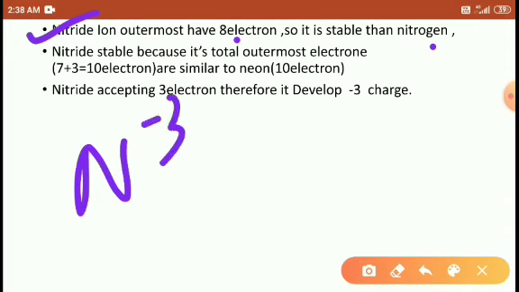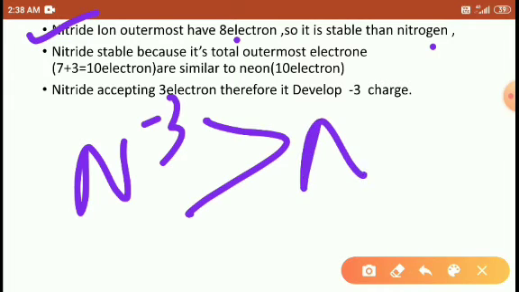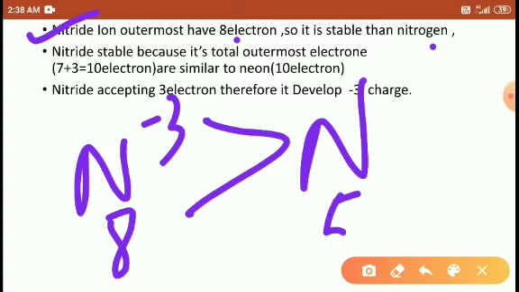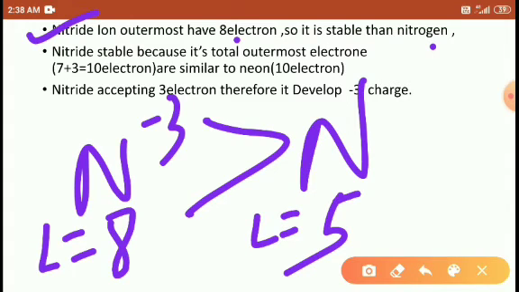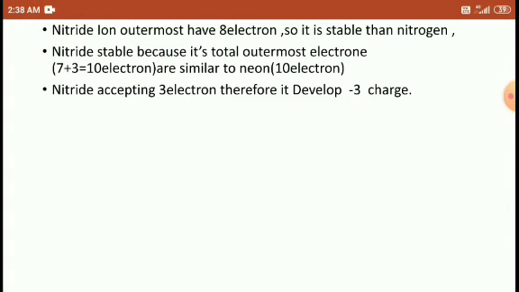Nitride, -3, is more stable than nitrogen because its outermost shell has 8 electrons, while nitrogen's outermost shell has 5 electrons.